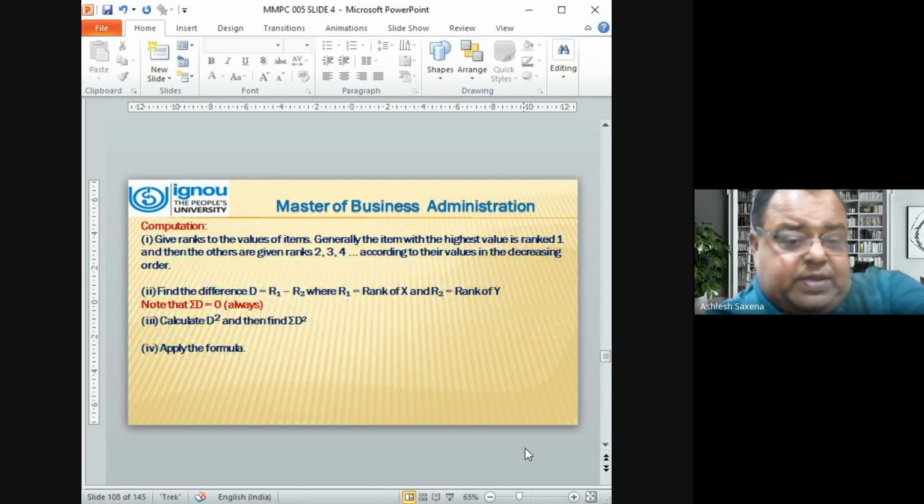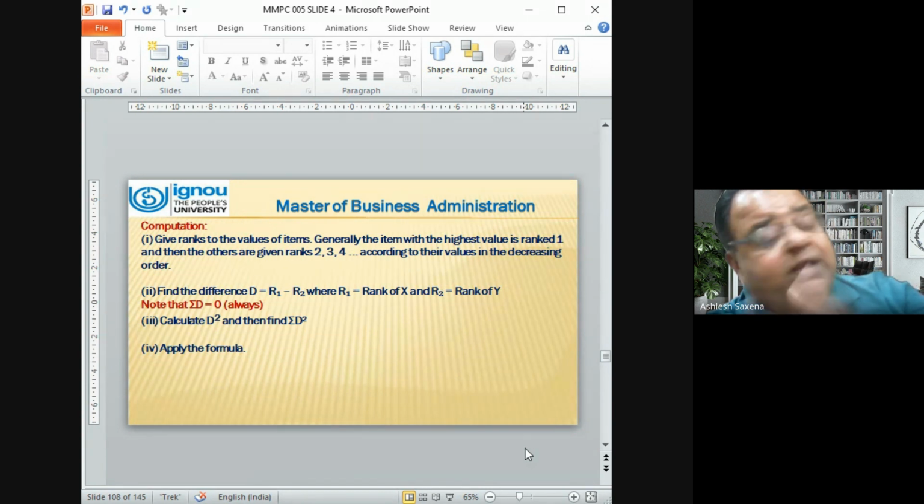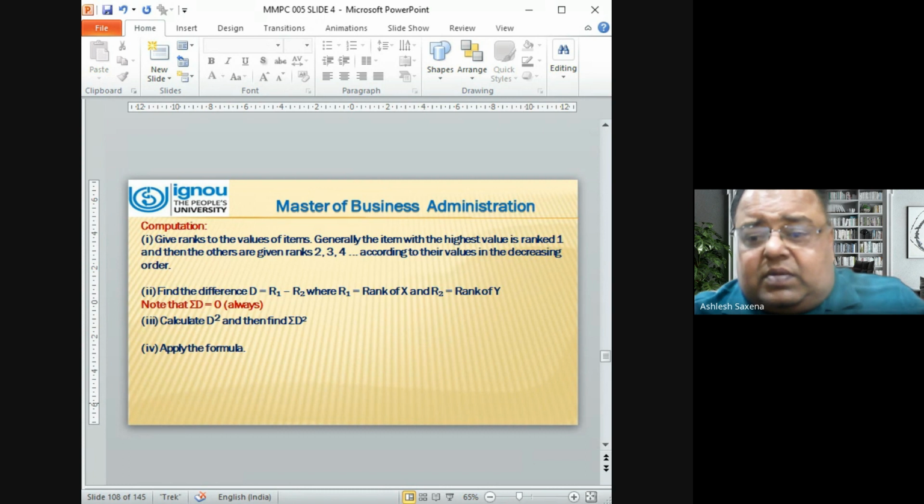Now for computing, give ranks to the values of the items. Generally, the item with the highest value is ranked as 1, and then the others are given 2, 3, 4 till the last. Since it will be a comparison, you will have two sets of data, and for the first one you have to rank it as R1, and for the second you have to rank it as R2.